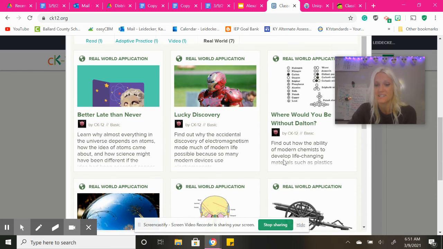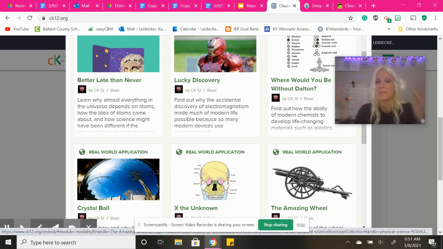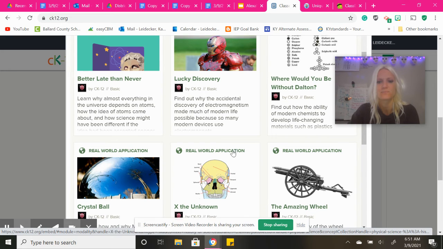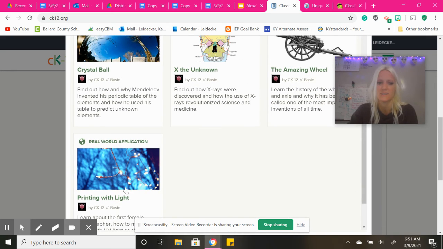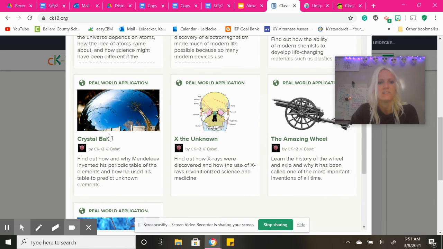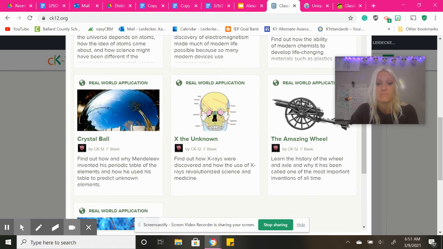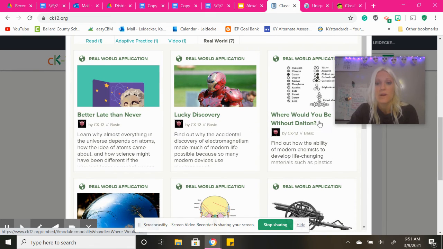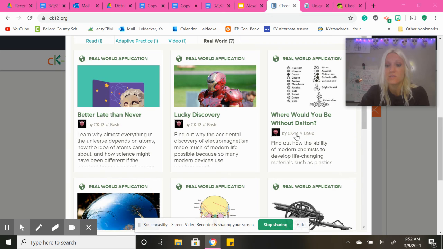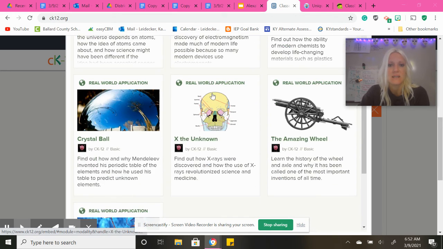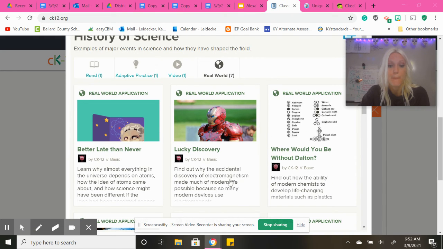I really like these because they make us think about how this applies to our own life and how it applies to our world. So there are all these really cool things: the printing of light, the crystal ball, the amazing wheel, X the Unknown, about X-rays, Where Would We Be Without Dalton, which has to do with Dalton and the scientific field, and then the Lucky Discovery.